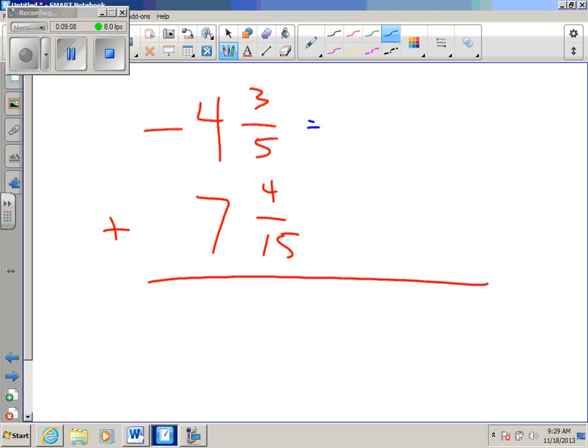So common denominator, 15. So that's a 4 times 3. That's going to make it a... Right? So a negative 9 plus a 4.